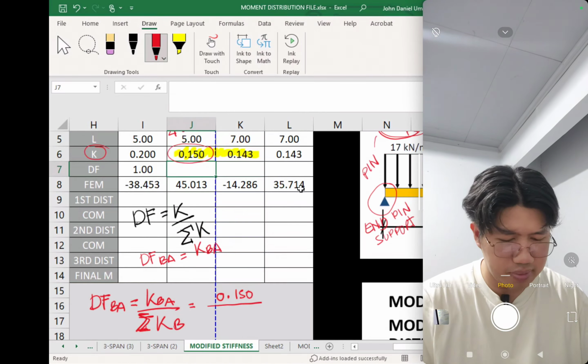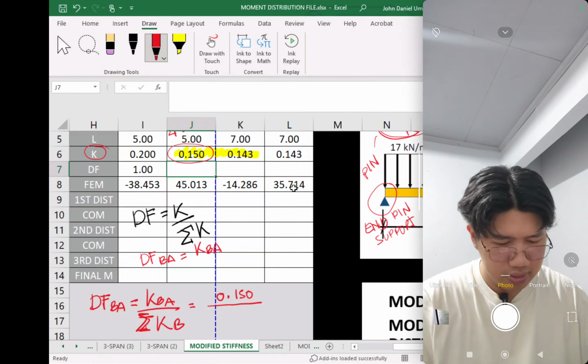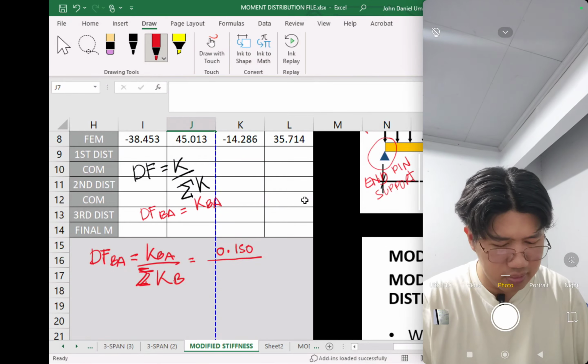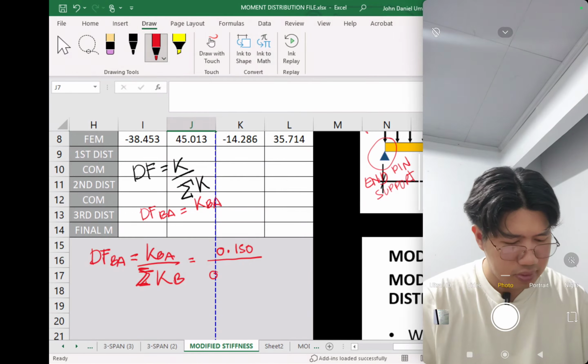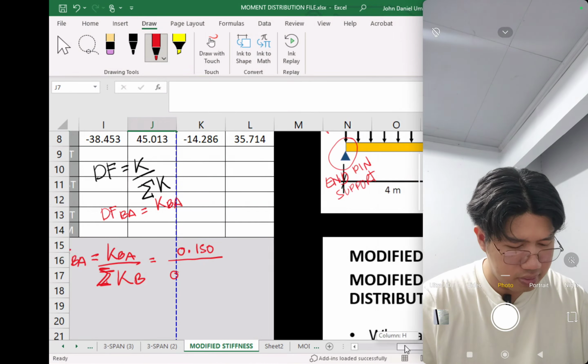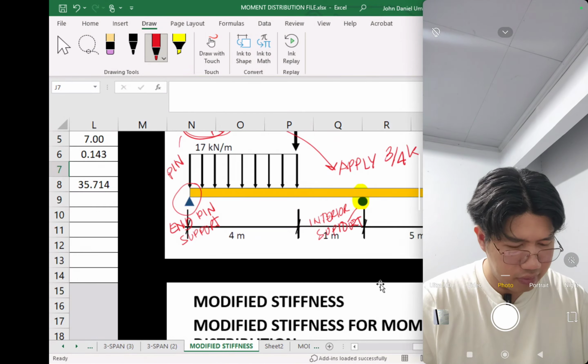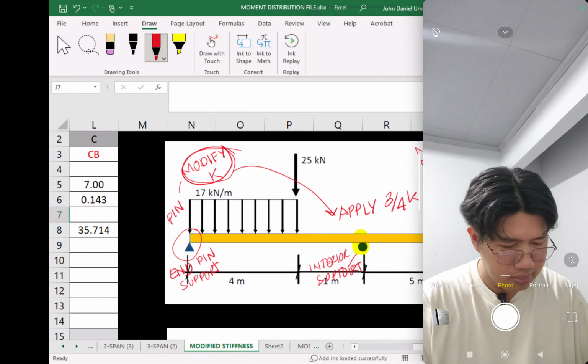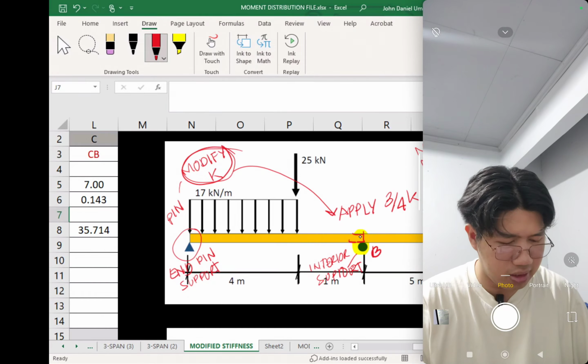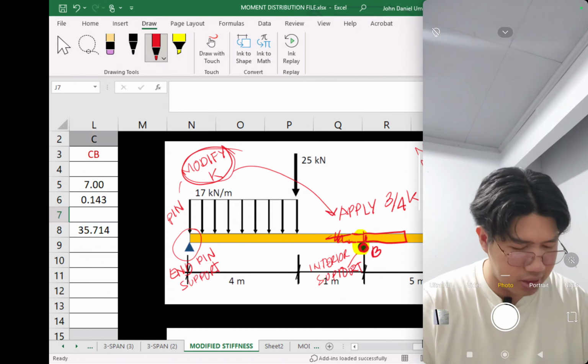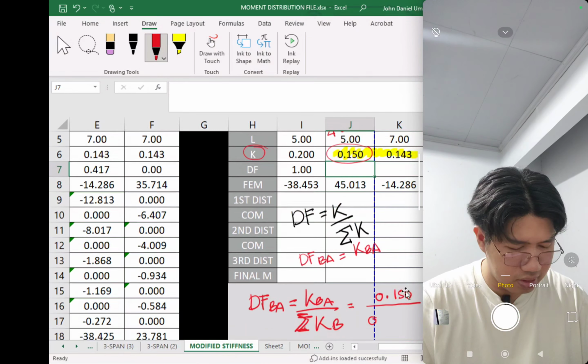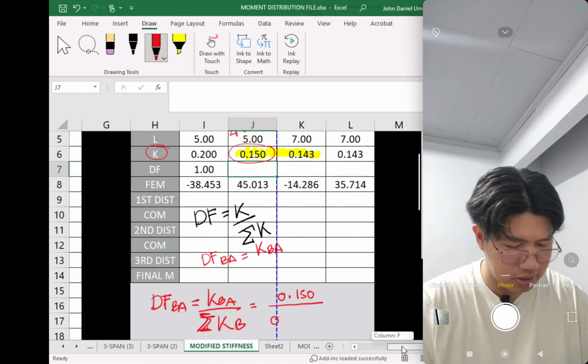Okay, yung summation KB is a combination of, check natin, you have a member connected sa joint B is ito. Ito yung joint B natin. Ito, member BA, member BC, and the roller which is automatic. We just give that a value of 0.